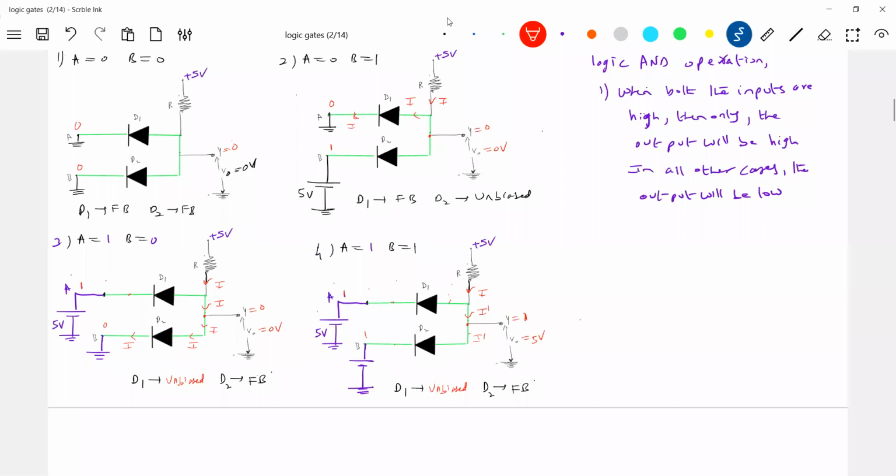What is the state of both the diodes? Both the diodes are unbiased. D1, D2. D2 is also unbiased. Unbiased means no current. Am I right? So what should happen to that current? The current will take a path like this. This is very important. Please do follow.